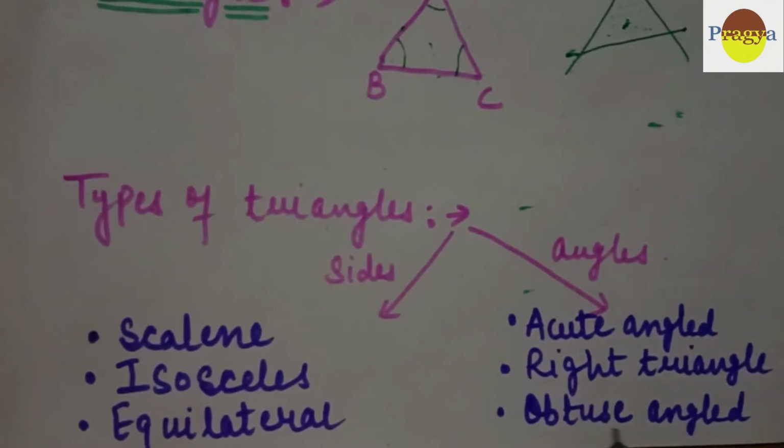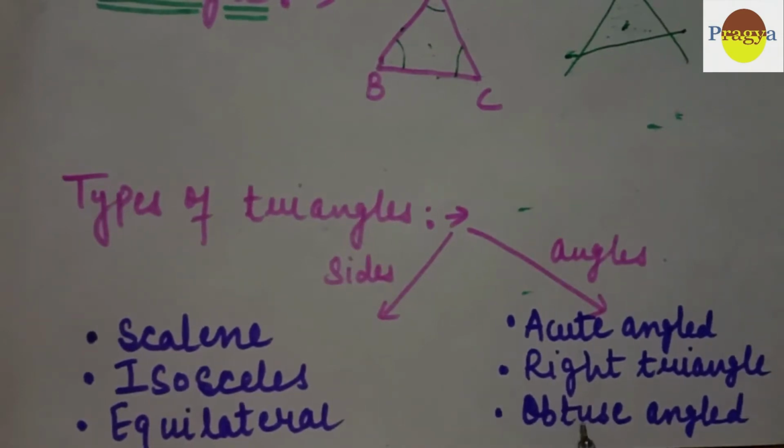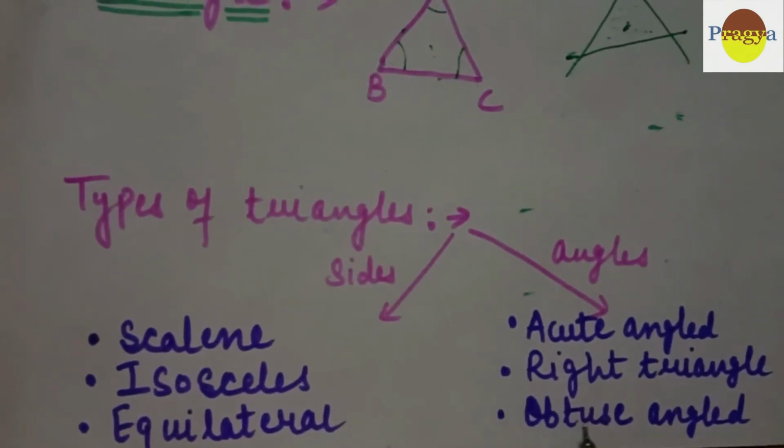Obtuse angled triangle. What do you mean by obtuse? Obtuse angles are those angles which are more than 90 degrees. So, in which triangle we have one obtuse angle, then we call it an obtuse angled triangle. I said one obtuse angle.